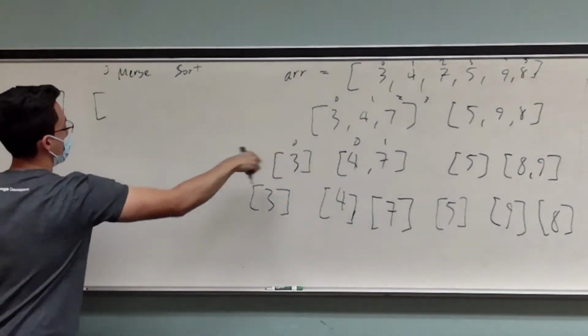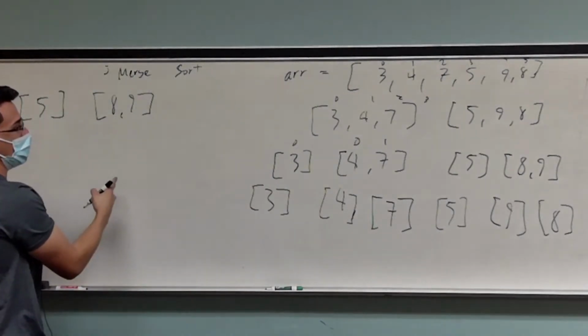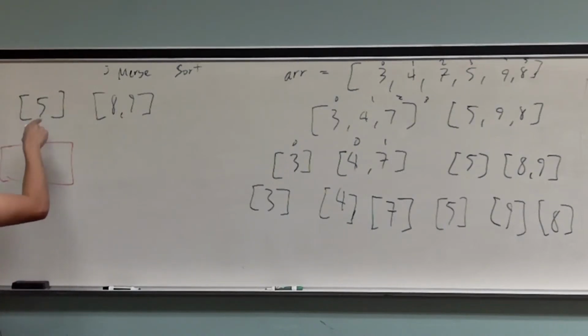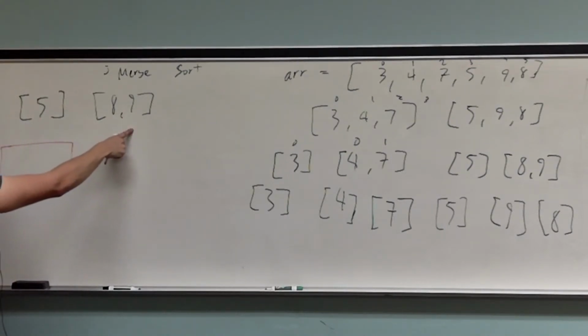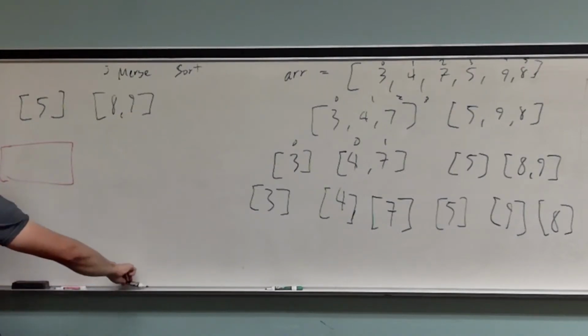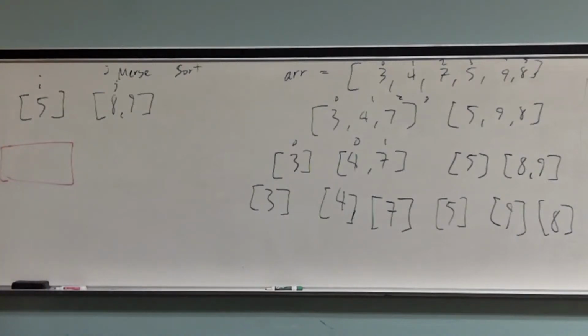So now we're working with that one, right? So we're working back up, and we're going to make a new array. And the new array is going to be the size of this one plus the size of that one, right? Because that's how we're going to do it. So then, of course, we have I and J. Okay, and then we do the same thing.